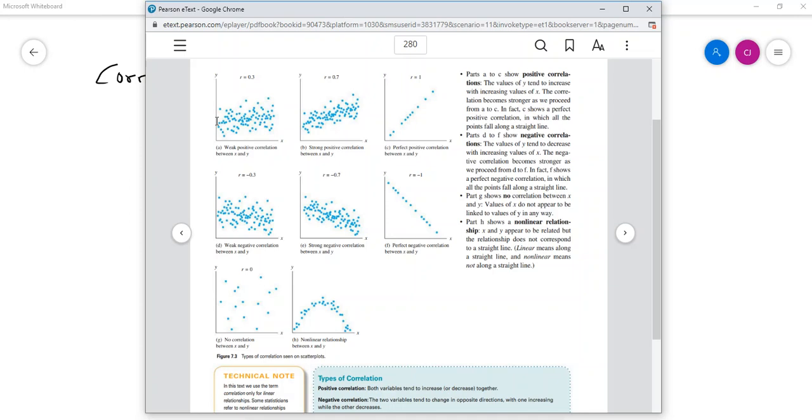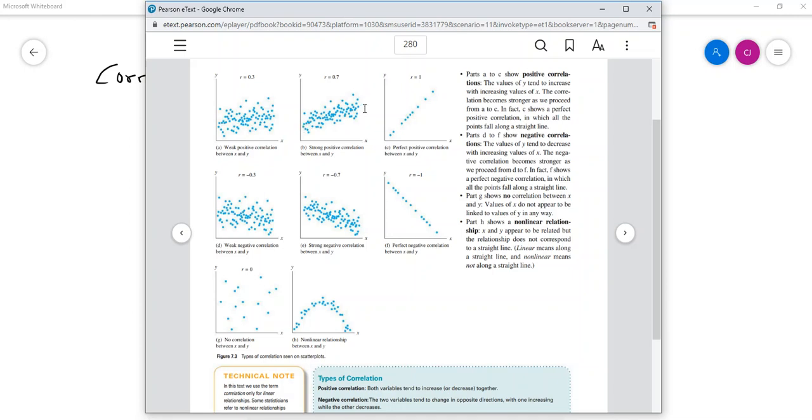Here's negative 0.3. So you could have a positive 0.3 or a negative 0.3. They're scattered about the same. They both have the same strength of relationship between the variables. The only difference between these two is the sign. Students kind of get that mixed up. They think negative is weaker than positive, but that's not true.